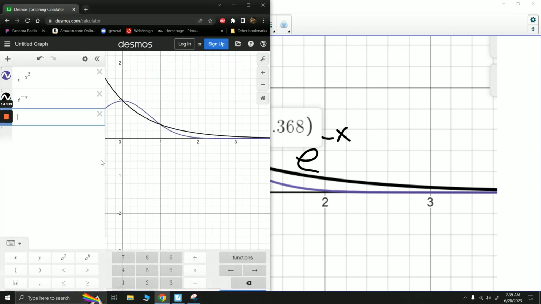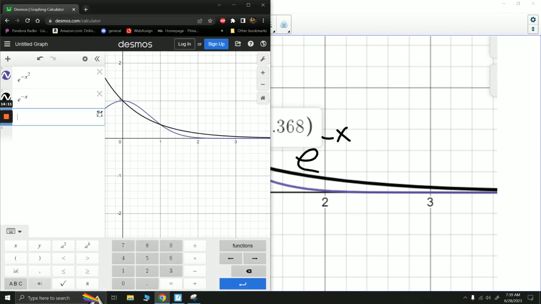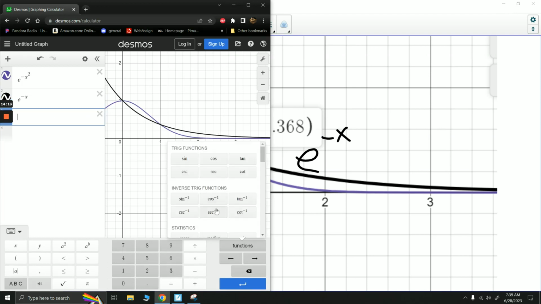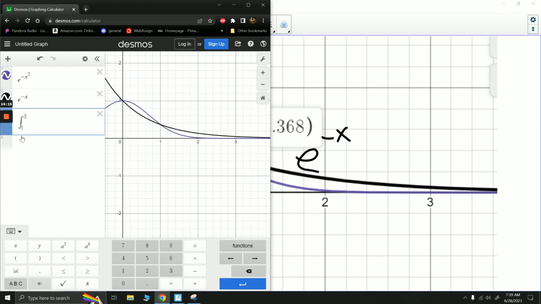In fact, we could even do it on Desmos if we really wanted to. So let's go ahead and show that real fast. The integral from 0 to 1, hopefully this one works. I know it's not an elementary integral, but I think Desmos can still evaluate it. Yes, there we go. So it's less than 1.